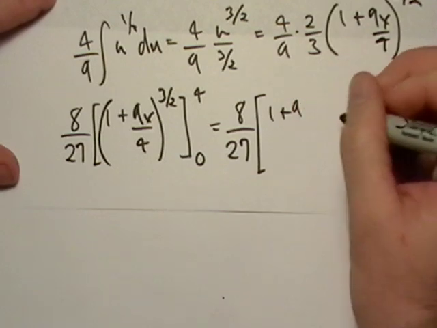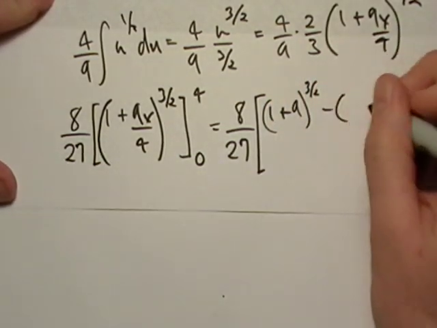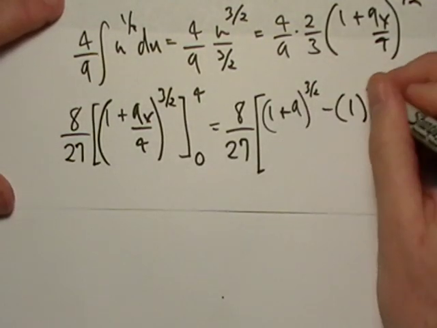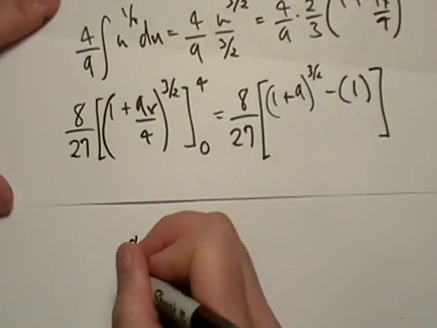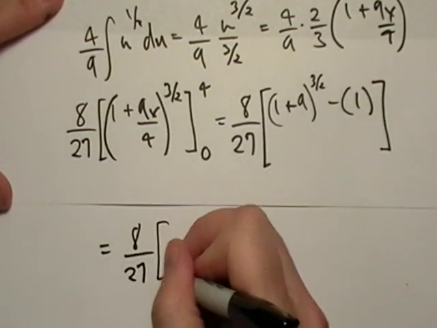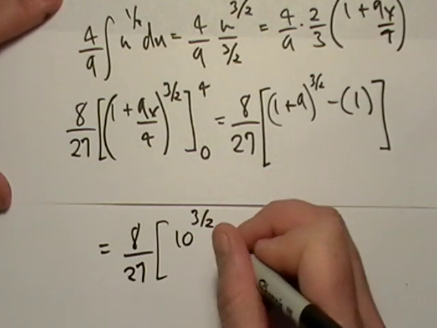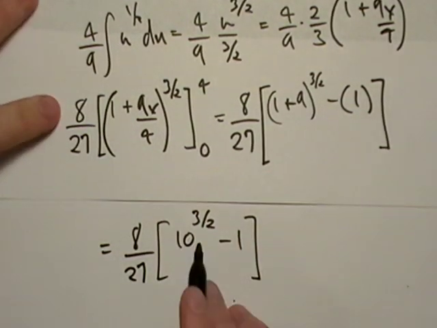So that'll just give me 9 to the 3/2 minus 1 plus 0. Well, that's just 1. So that looks like it'll give me 8/27 times 10 to the 3/2 minus 1. Thank you for bearing with me.